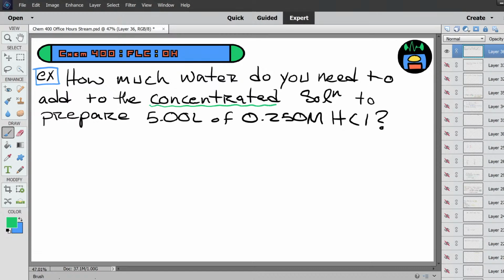Without that information, this problem can't actually be solved. But if we know what that is, then we can, because this type of problem is a dilution. And the dilution equation looks like this.